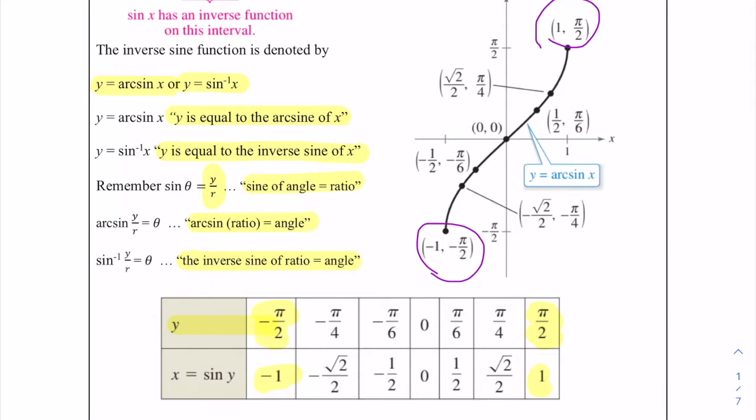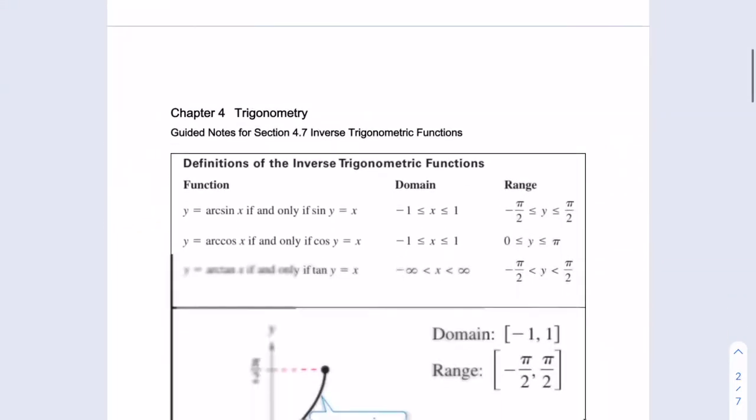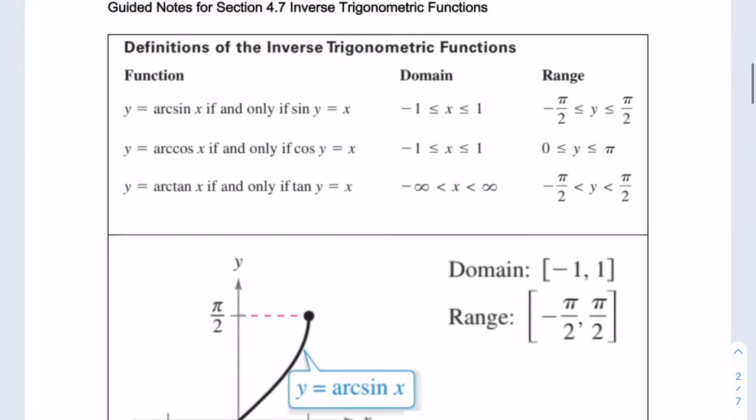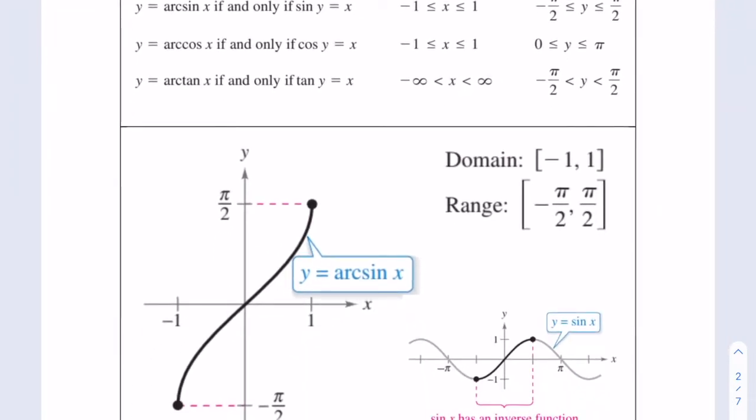All right, just a basic summary of how we restrict the domains of the inverse functions to find those inverse functions. So the arc sine is going to have a domain of -1 to 1 because that's the range of the sine function. Same as the range of the cosine function, right?